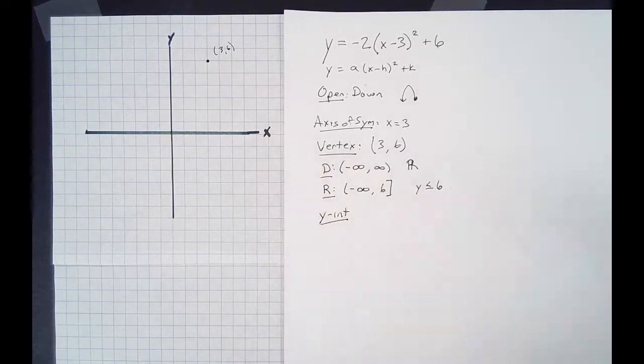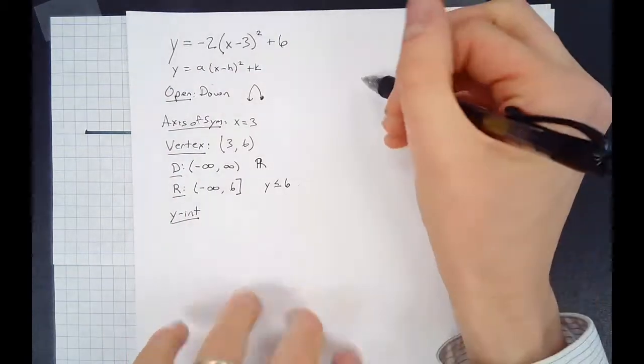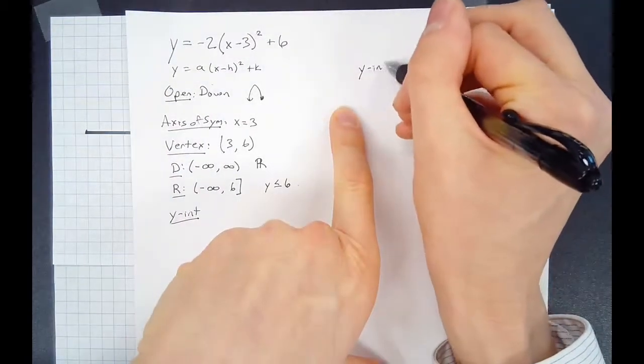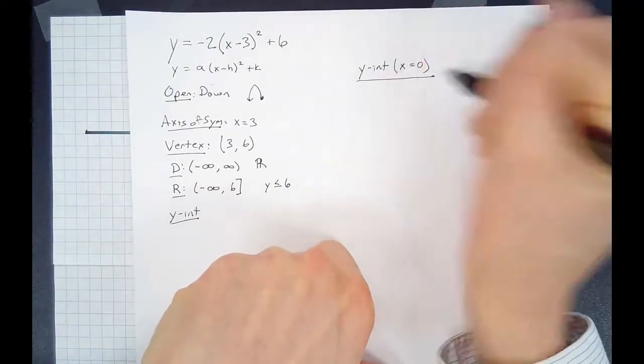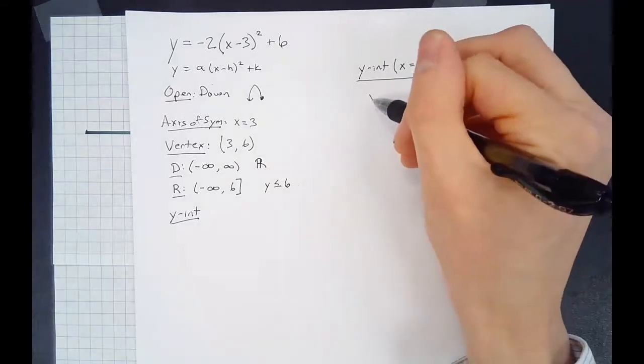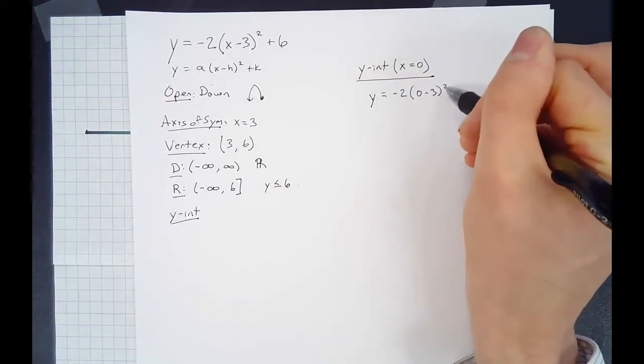If you remember from an algebraic standpoint, in order to find a y-intercept, we make x equal to 0 and we plug that into our equation. So y equals -2 times 0 minus 3 squared plus 6.